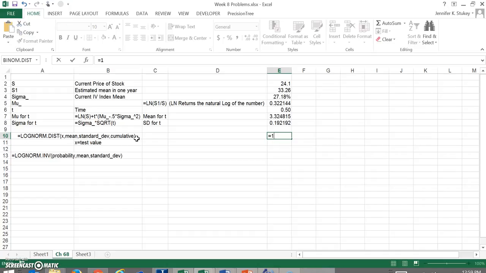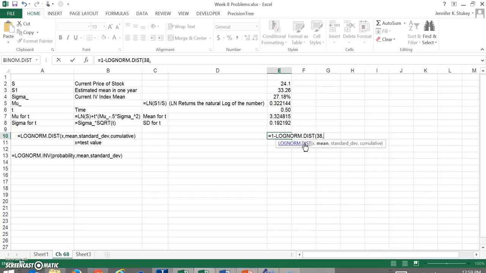So 1 minus the log normal distribution, and our x here is a trial value, in this case 38.